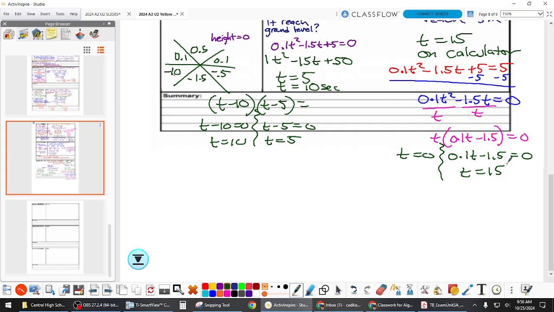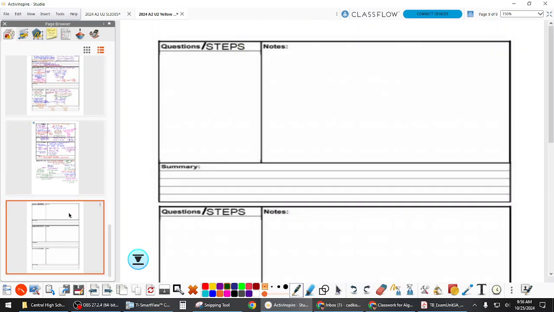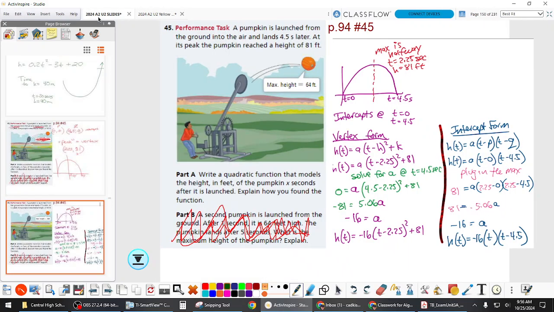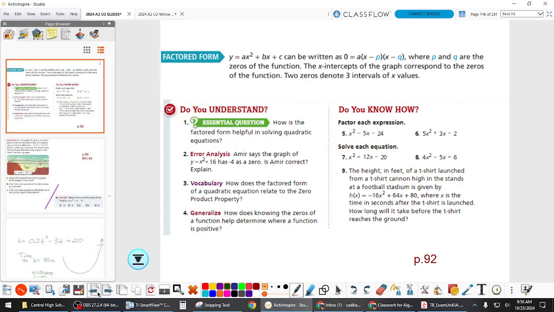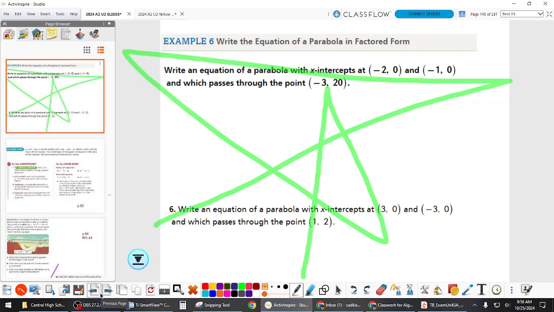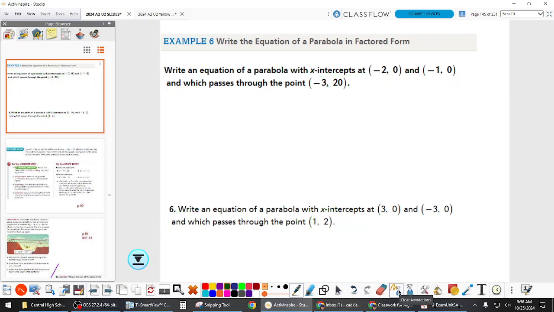All right, grab another box and let's give you a written example of how to solve for A and write an equation in intercept form. So we'll just pull this one off. Okay. First thing I'm going to tell you is to look carefully at your points.